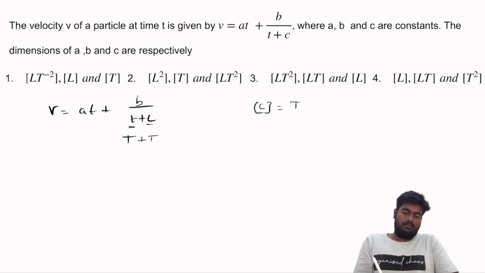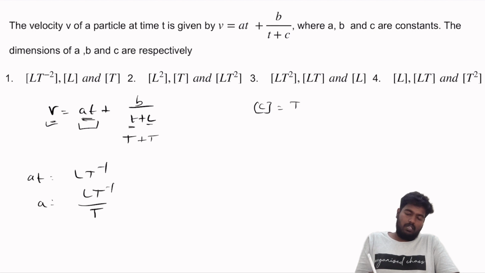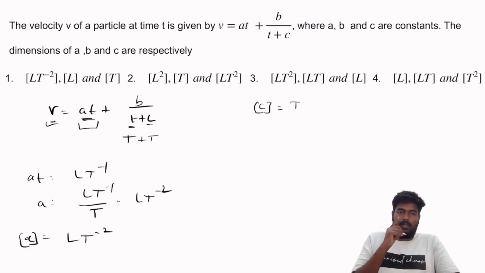V equals a t, so this has the dimension of velocity. So a t is L T^-1. I just want a. A is L T^-1 by T, which will be L T^-2. So a is L T^-2. As simple as that. We have found a, and let's find b.